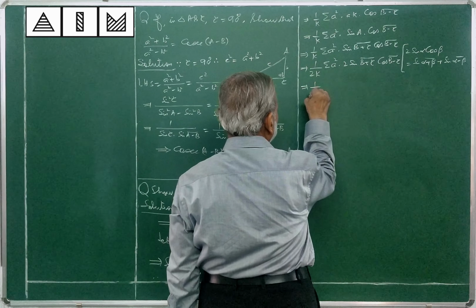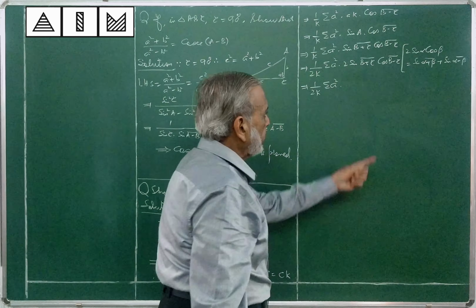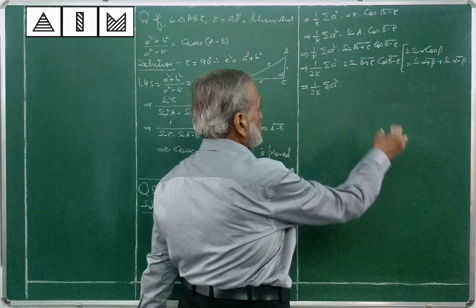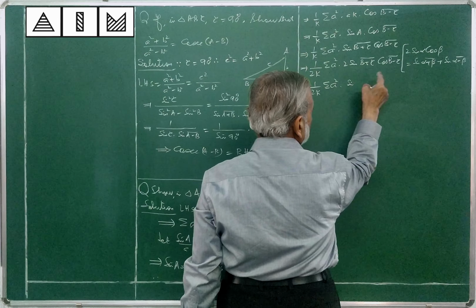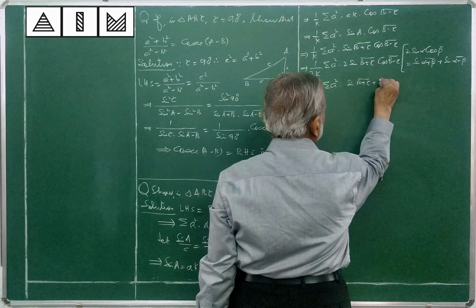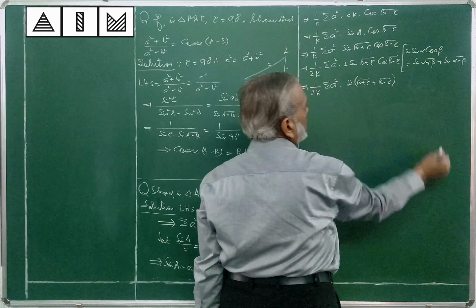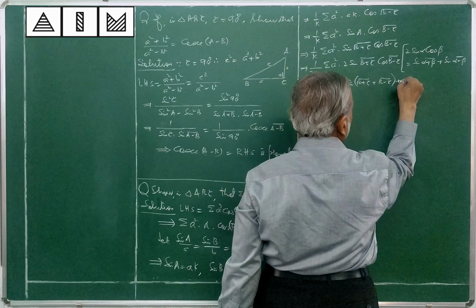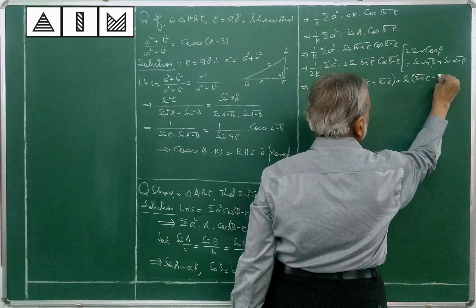Keep watching attentively. a², 2 sin α cos β, sin(α + β) + sin(α − β). This is my alpha here, this is my beta here.